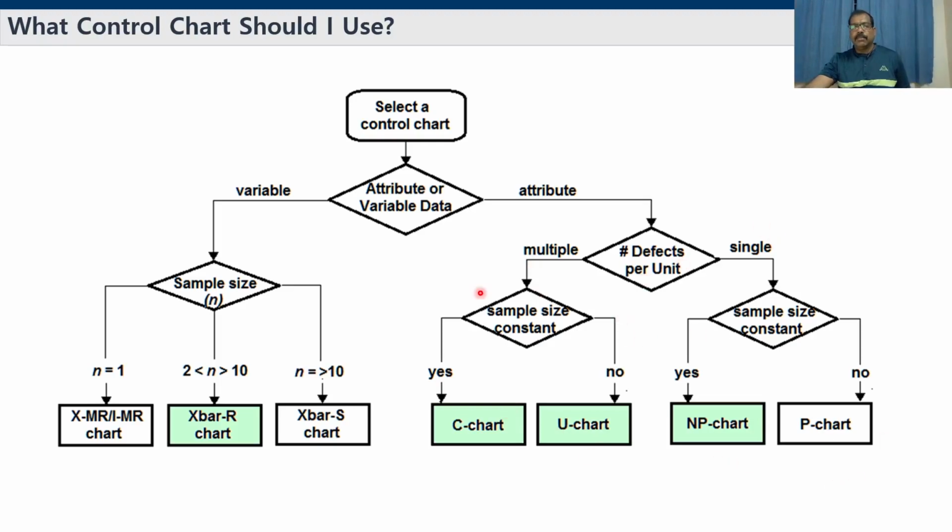For variable charts, based on sample size n equal to 1, between 2 and 10, or greater than or equal to 10, we can decide on the X bar and R chart, X bar and S chart, or moving average.